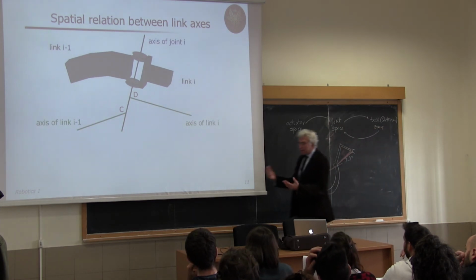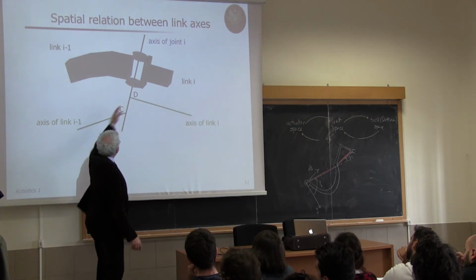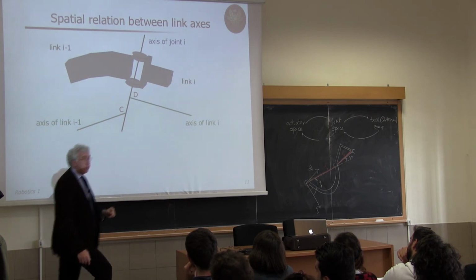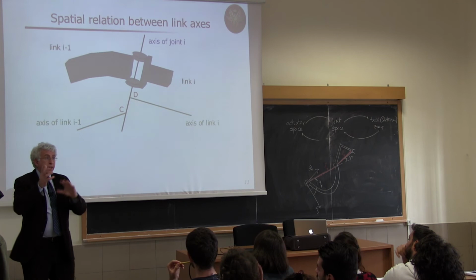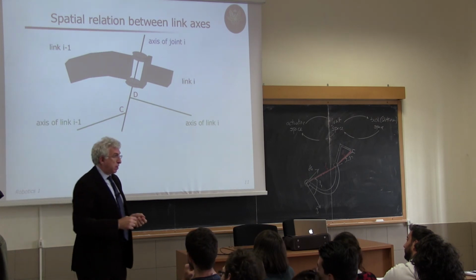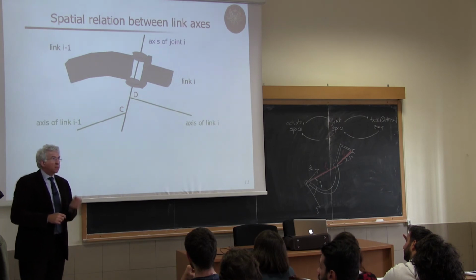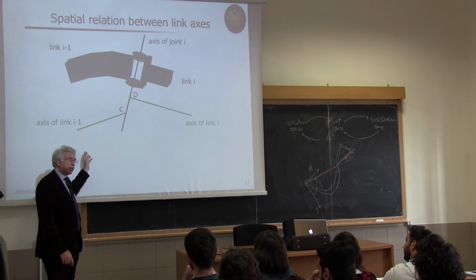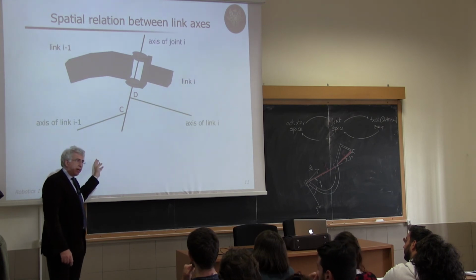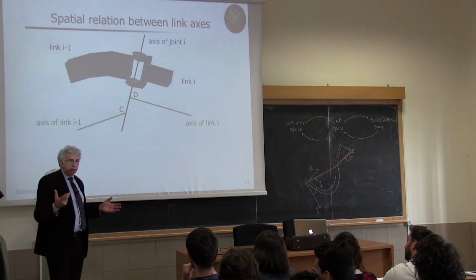So now we have two new axes, not of the joints, but of consecutive links. So axis of link I-1 and axis of link I. How are they positioned with respect to each other? We can specify this with other two numbers. Like before, we have introduced AI and alpha I, so some displacement, linear displacement, and some twist angle.